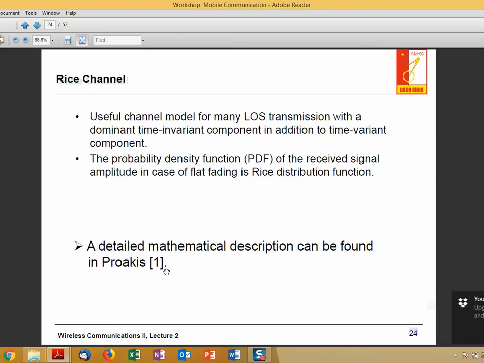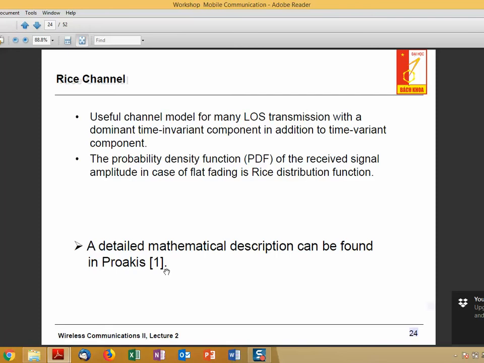If we have a line-of-sight component, then the distribution function of the amplitude of the received signal will not follow the Rayleigh distribution. Instead, it follows the Rice distribution.